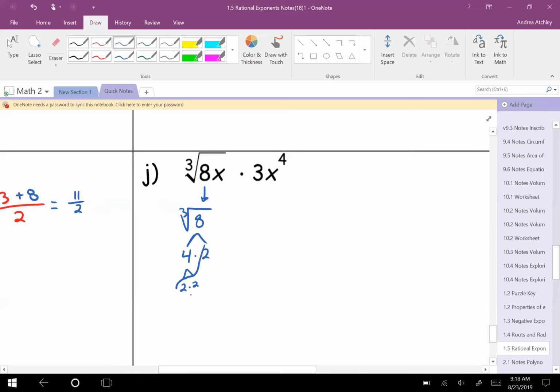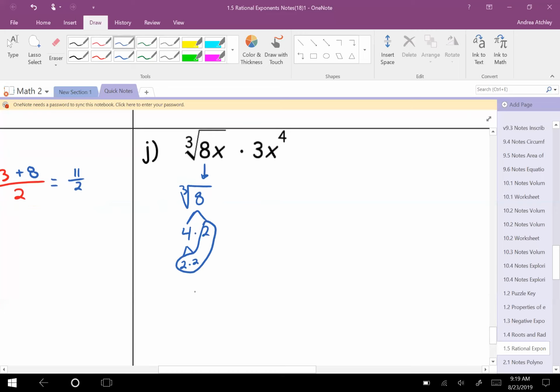See if you notice here, I did the prime factorization of 8. 2 times 2 times 2 gives me 8. So the cubed root of 8 is 2. The x is still inside the radical, so it's to the 1 over 3 power. Any questions over that?